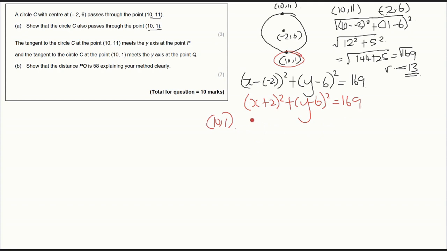So it should be (10 + 2) squared, this is x and this is y, and then plus (1 minus 6) squared.